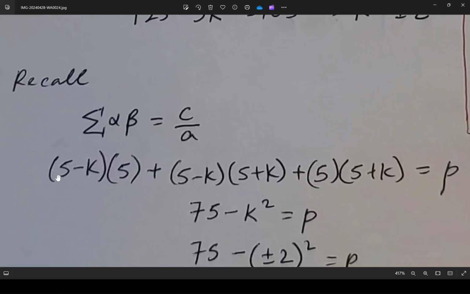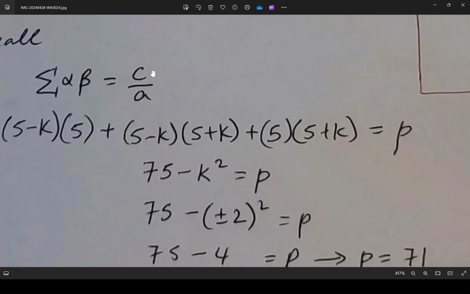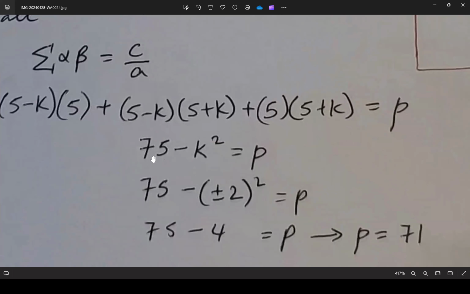So in this case, it's (5 minus k) times 5 plus (5 minus k) times (5 plus k) plus what we have not multiplied yet, which is 5 times (5 plus k), right? Remember, these are all the roots, and we're looking at the sum of pairwise products. So now we are told that that's equal to c over a, which is 1, and c is p. So now we have this simple equation. Again, this is why I recommend having the calculator.